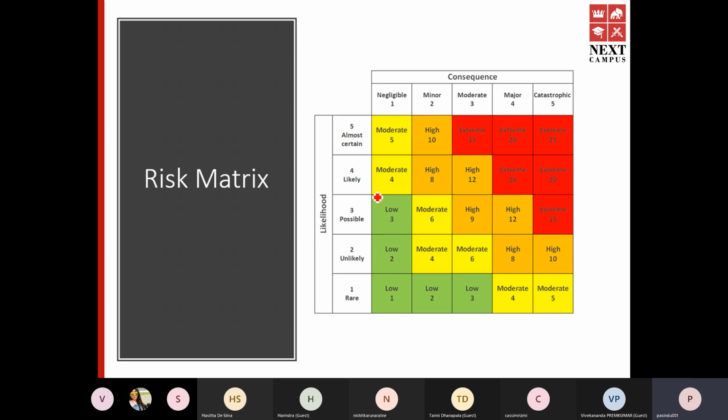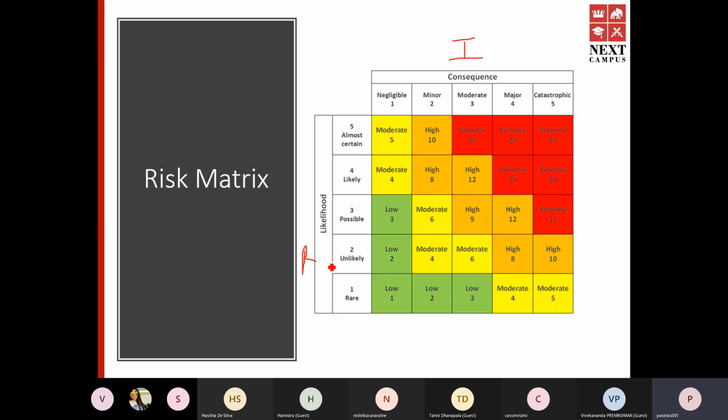You might only need to put low, high, medium, critical, or low, medium, high. It doesn't matter how you want to do it. So this is an advanced risk matrix where you captured the exposure as well. Consequence is impact, likelihood is probability.